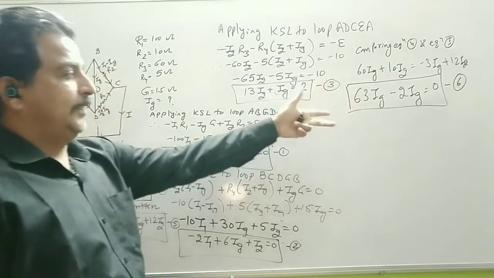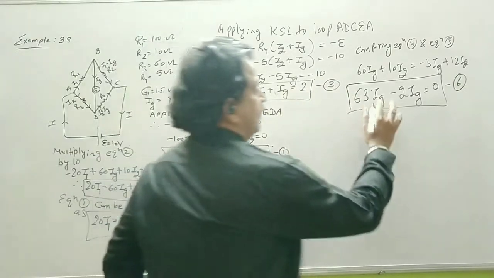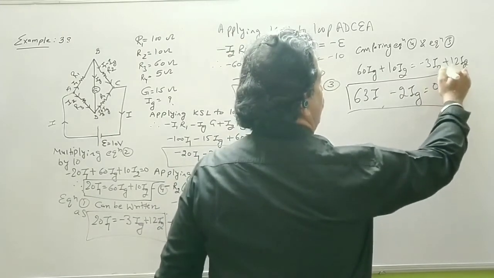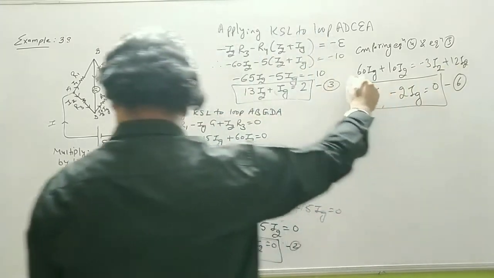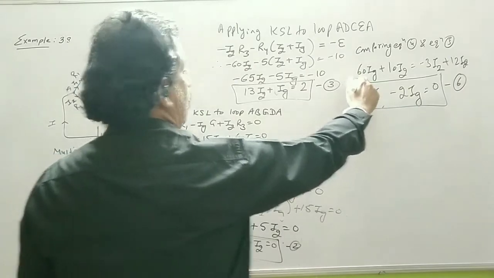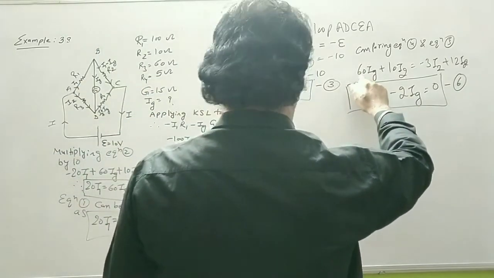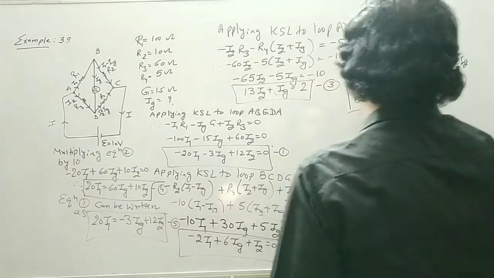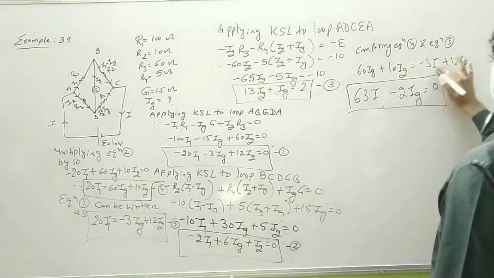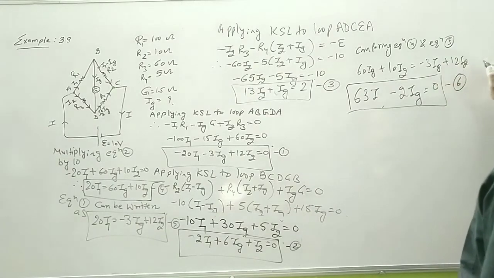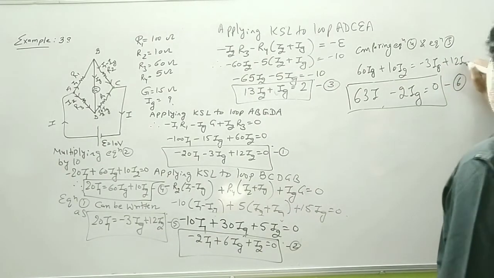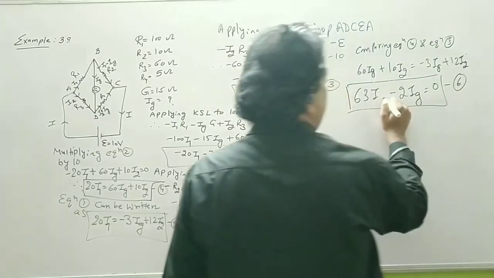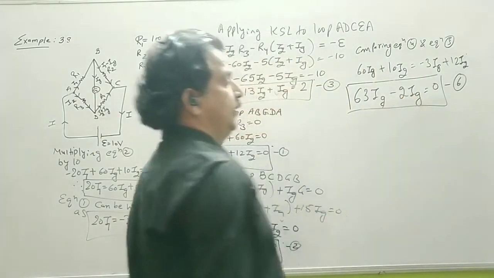Now one method is, I have this I2 here, and the equation 63 IG minus 2 I2.